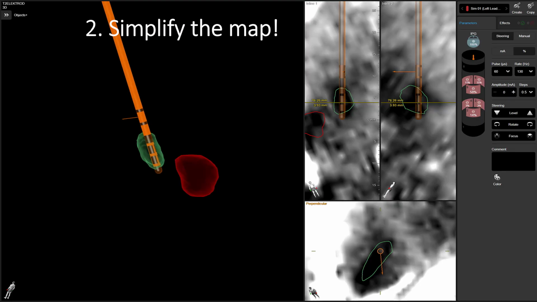If you have a good understanding of the anatomy, then you will probably skip the first step and move directly to the second step, where we remove all the non-essential anatomical structures. The more structures you are looking at, the easier it is for you to get confused. So I suggest that when programming STN-DBS, to only look at the STN and red nucleus.